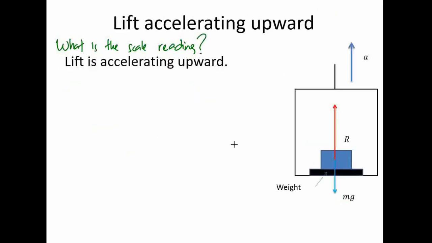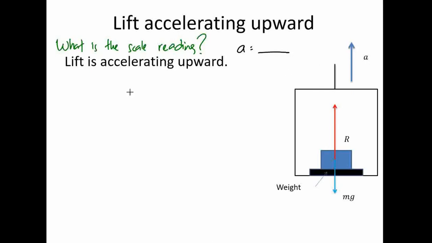Now the lift is accelerating upward, so we know that our acceleration must be equal to some value, but we don't know it. We just want to write a relation between all of the forces acting on the object.